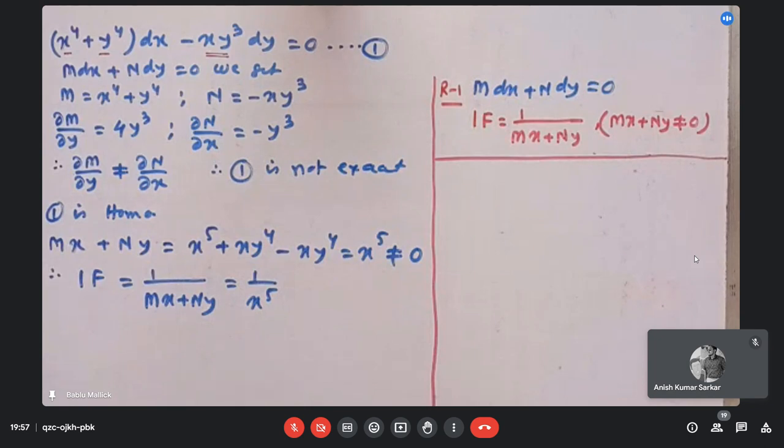Now I shall multiply by the integrating factor.